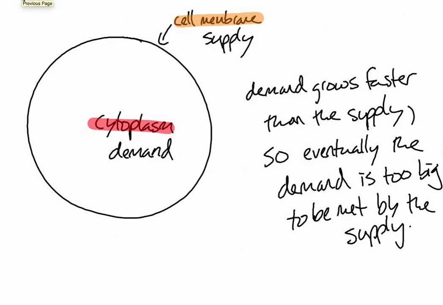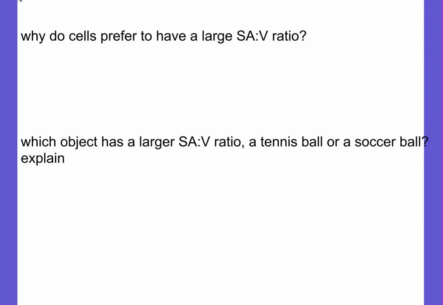So the supply and demand: eventually that supply can't meet the demand, and if the demand is bigger than the supply, the cell's going to be dead. So as soon as that demand gets bigger than the supply, which is happening fairly quickly, that cell's going to be in trouble.